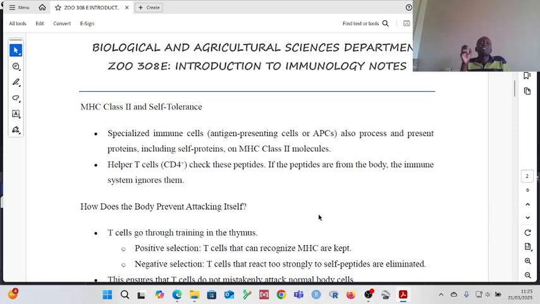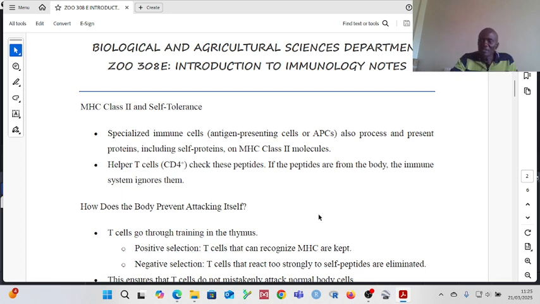Then the helper T cells or the CD4. These ones are now the ones that will keep checking the peptides that are being presented on the outside of the cell by MHC class 2. So the same thing, if the peptides are from the same body, from your body, then the immune system will ignore them. Okay?